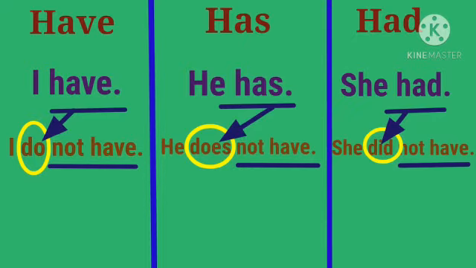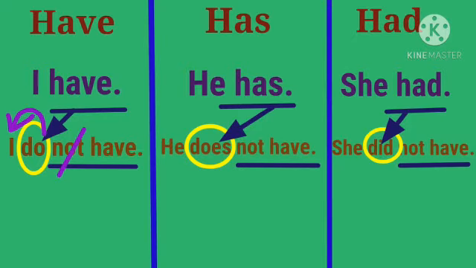We will simply change the position of these do, does and did. We will bring them to the beginning of the sentences. Then we will omit not and keep the word have. Clear? So for the first one, only do will come to the beginning and not will be removed.